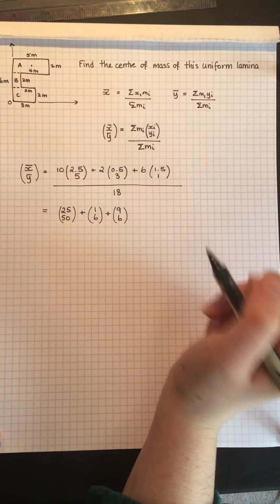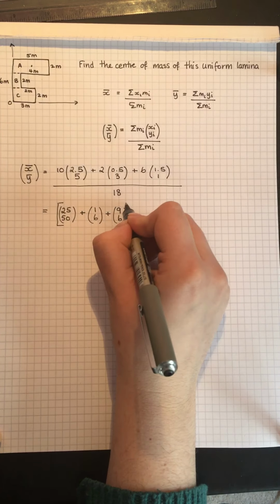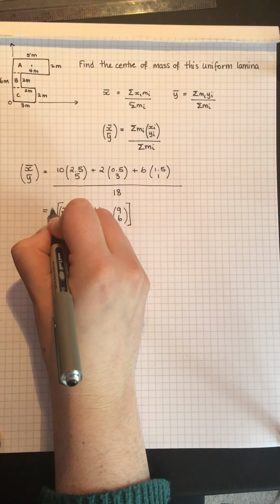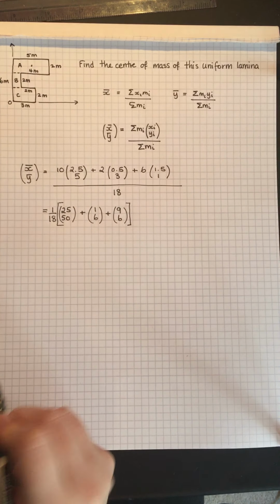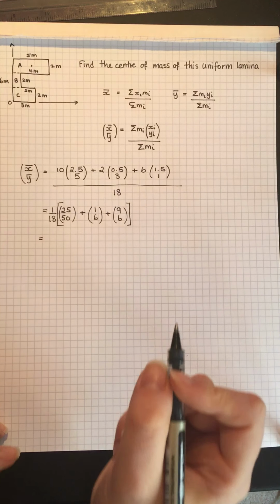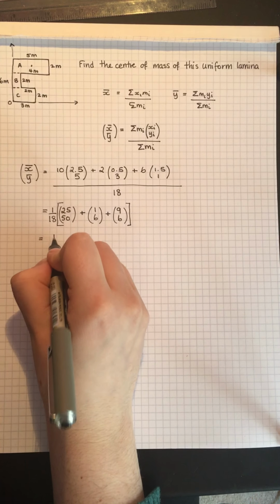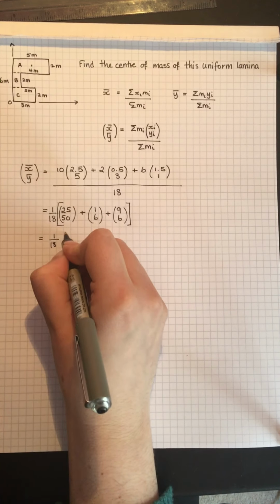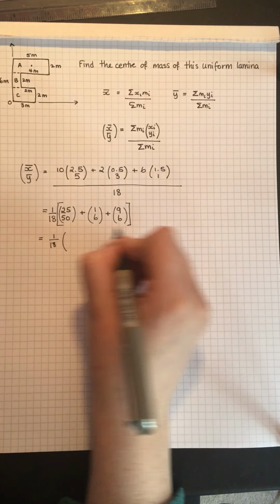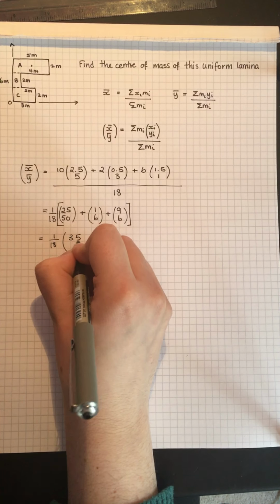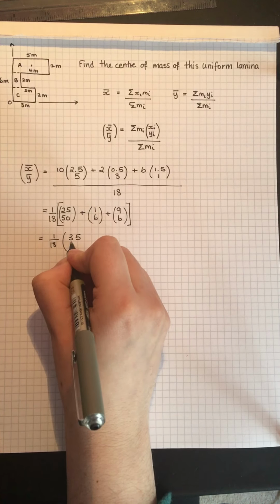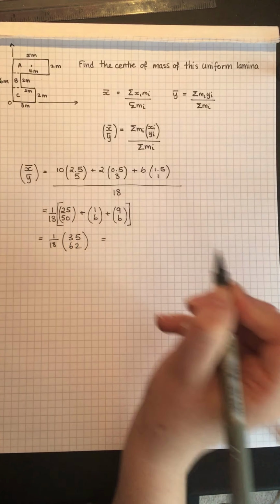And we're going to be dividing all of those by 18. It might be easier to understand if you put brackets and then multiply by 1/18. Adding that up is 26, and this is going to be 62.